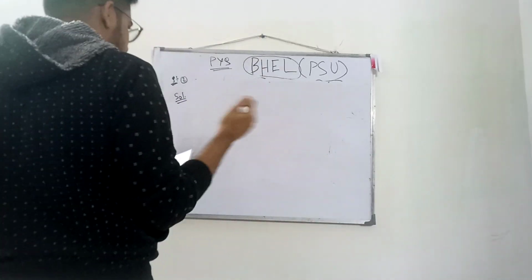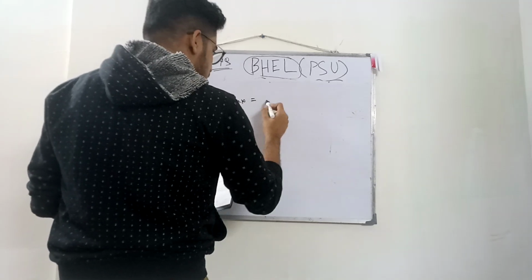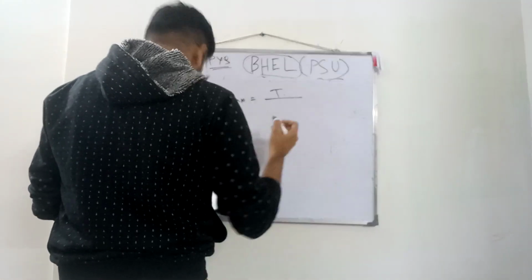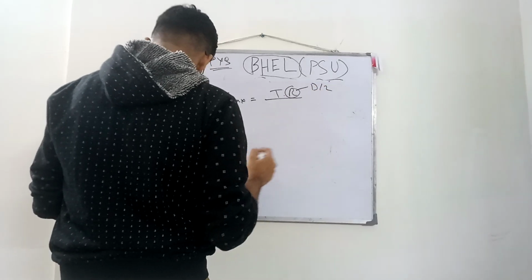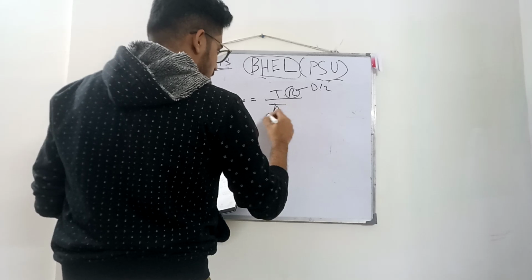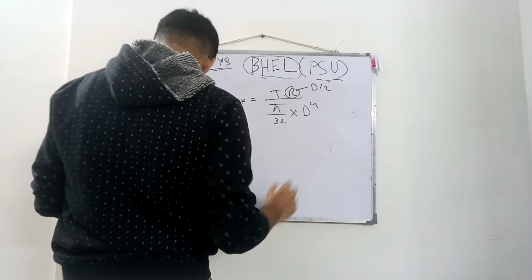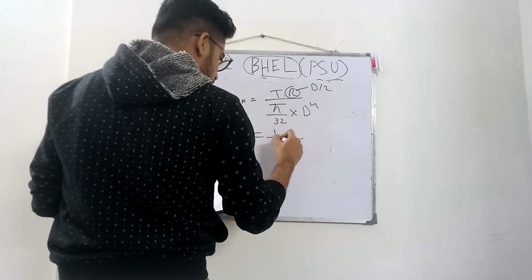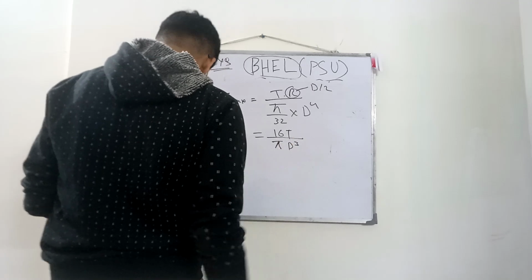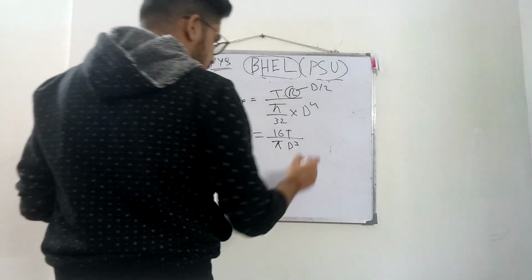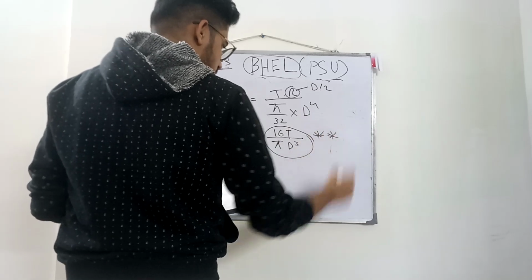So this formula we will use. Maximum torque is equal to T into R, which is D by 2, pi by 32 into D to the power 4. Here 16T and pi d cube. This is very interesting.